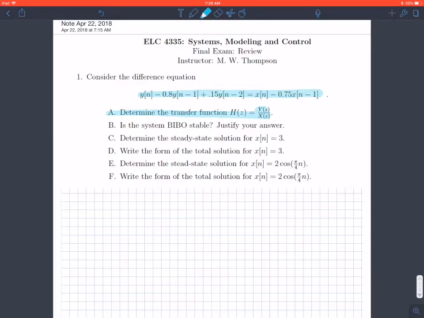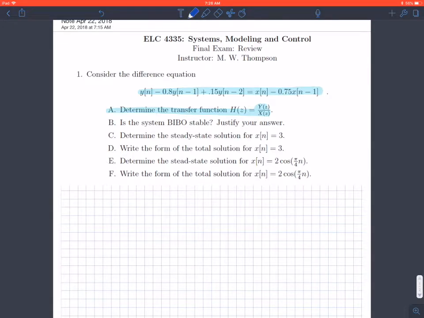If you'll remember, difference equations are the discrete time equivalent of differential equations. And we've talked about the z-transform, and one of the things that we have with a z-transform is that if you have a signal, let's call it g of n, and it has a z-transform g of z, then if you delay that signal by, say, 1, the resulting transform is g of z times z to the minus 1.